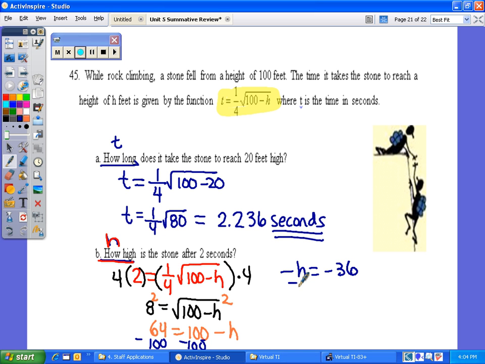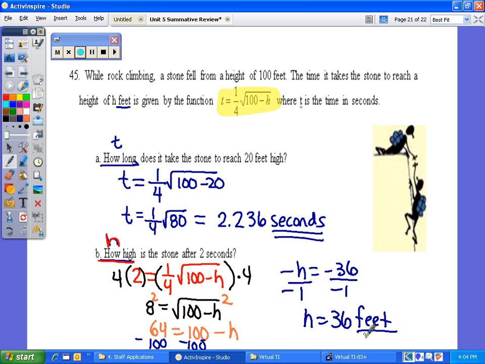Now to get rid of that negative h, I divide by negative 1, and I find out that h is 36. And remember your unit, and the unit for that is feet. You never know, there might be one of these on the test, so I hope you pay attention.